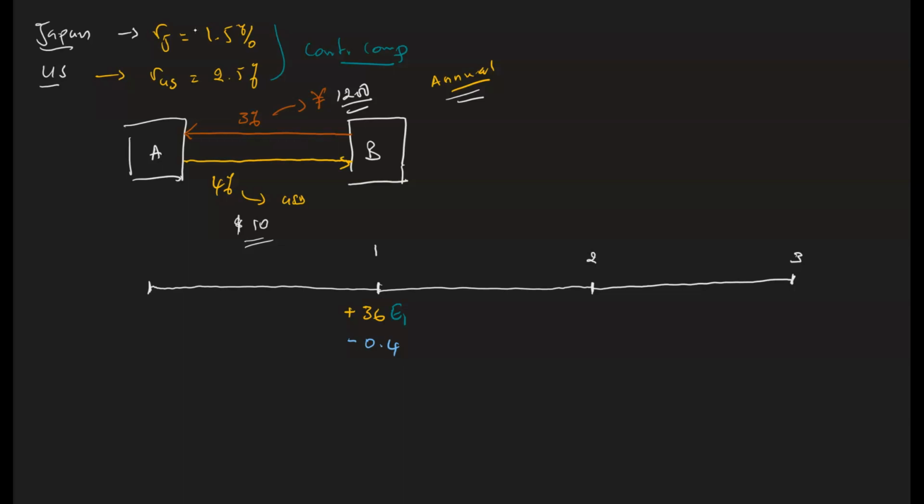However, we only know the spot rate here, which is at 110 yen per dollar. We don't know what the forward exchange rate is going to be for the second period, and we don't know what it is going to be for this third period.